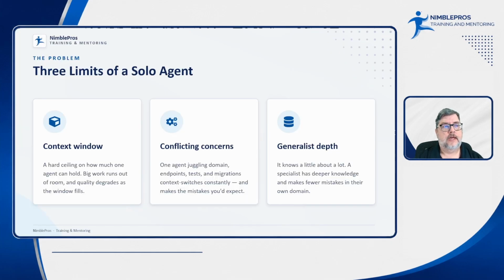And the reason for that is, there's actually a couple of reasons, but the biggest reason is context. An agent has a limited context window. It has only a certain amount of information that it can hold on to at a certain time. And that includes the information that it knows about and the things that you're passing back and forth.